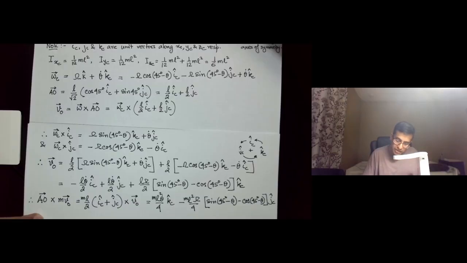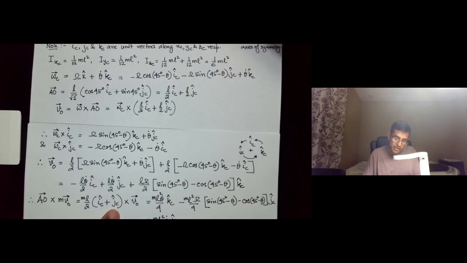Okay, and then continuing, this is just 2 expressions, and there are 2 more expressions to be derived, and the first one is JC cross IC. JC cross IC is going to give us negative KC, and the negative is going to multiply with this negative to give us a positive, so we will have plus ML squared over 4 theta dot KC.